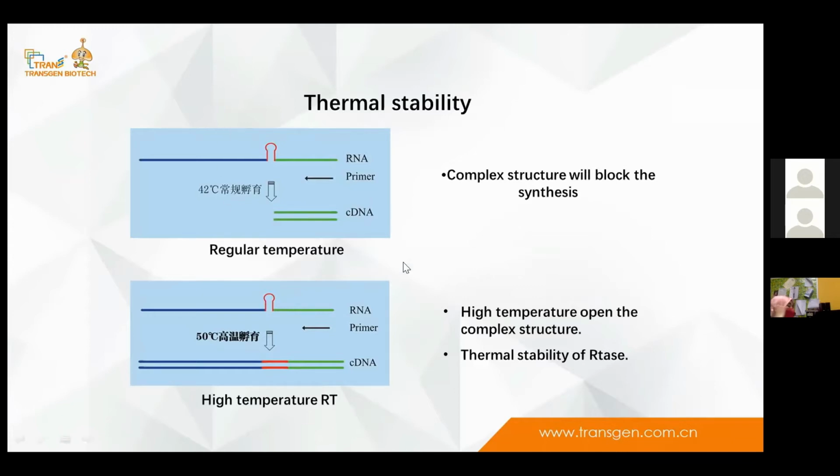It means the information within the complex structures will also be released and detected by the whole system. In this case, the reverse transcriptase should have very high thermal stability. It can survive at 65 centigrade or 50 centigrade. So in this case, thermal stability is also a very important factor we deal with in our reagent.